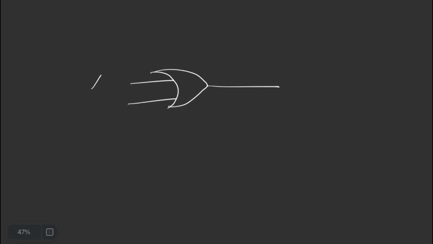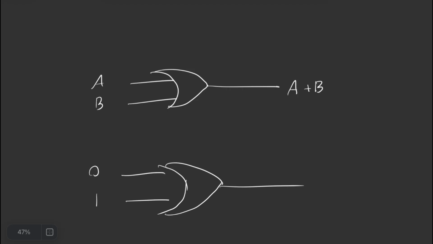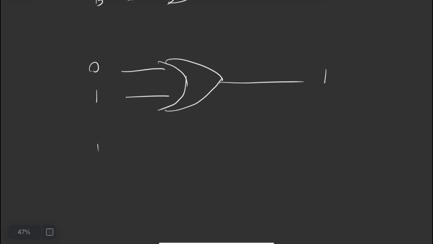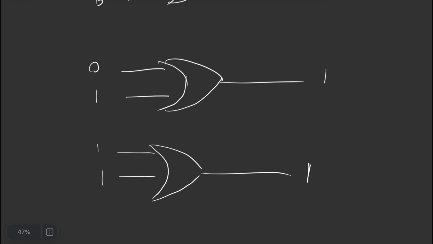So, if I have my binary variables A and B, the OR gate will always output A plus B. In terms of binary values, 0 and 1 will output 1, just as 0 plus 1 is 1. Also, in this case for binary, 1 and 1 will just output a 1. There will be no carry or anything.